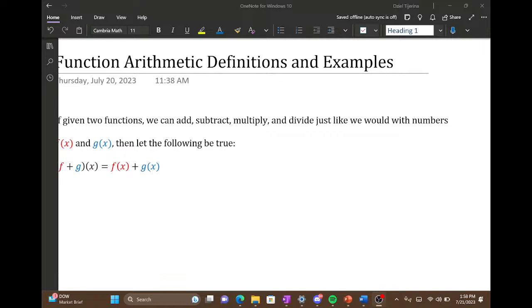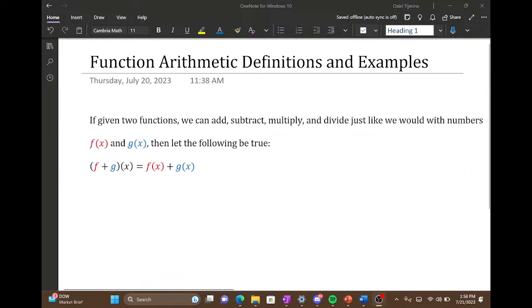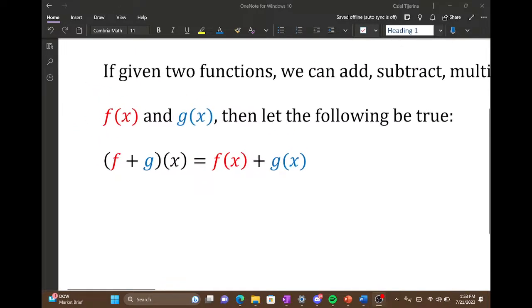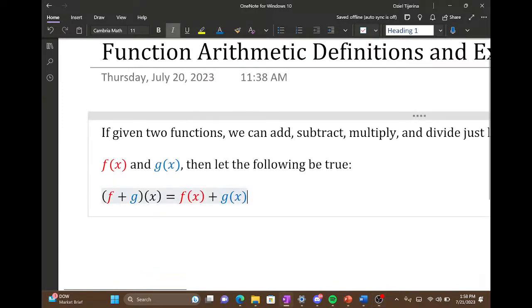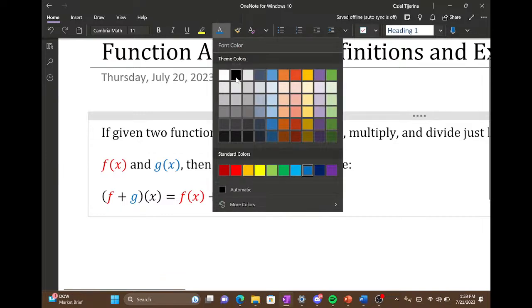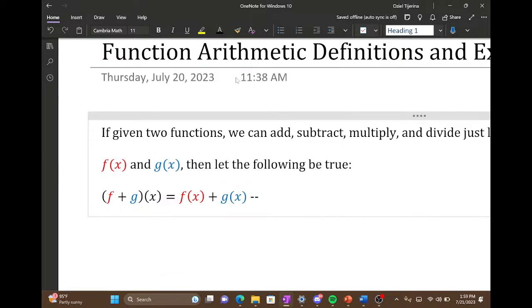Okay, so we know that this is true for this rule here. And I want to put a little arrow here. Sorry if I'm a little bit slow, guys.